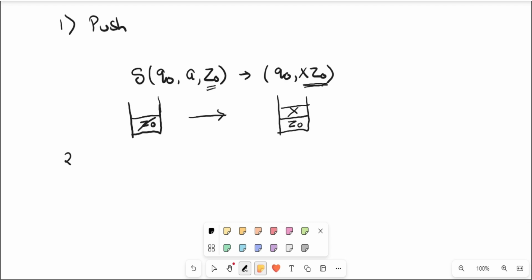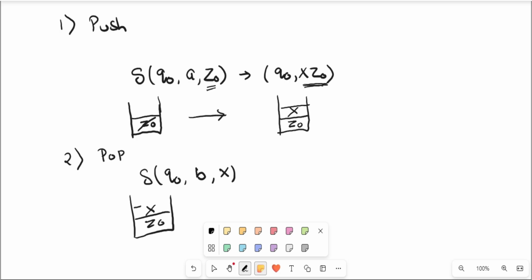The second operation is the pop operation. Suppose we are at q0, our next input symbol is b and our stack top is x. The stack is z0 then x. We are trying to remove x from the stack. We remain at q0, and we write epsilon.